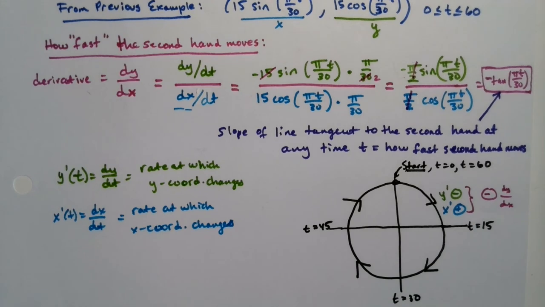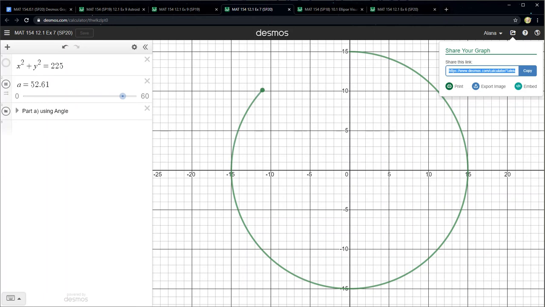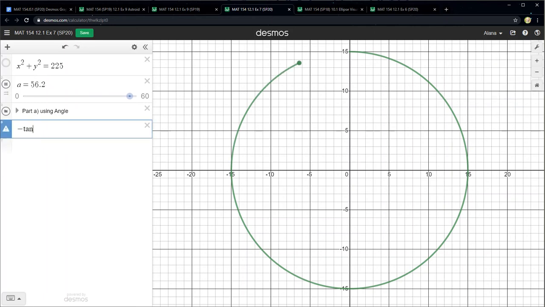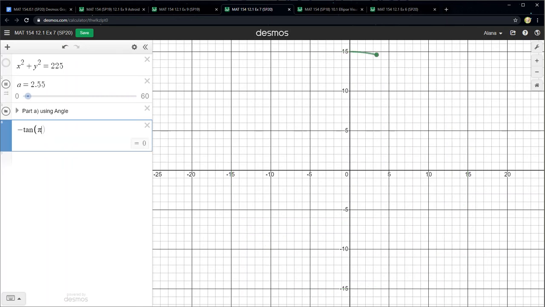Now let's prove it. Let me go to decimals really quickly. All right, so if I took the negative tangent of pi divided by 30, and then I picked values, so I want to pick 5, for example, times 5, to make it clear. Notice it's negative, just like I said it would be, right?